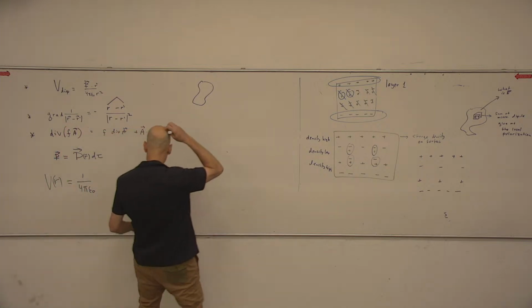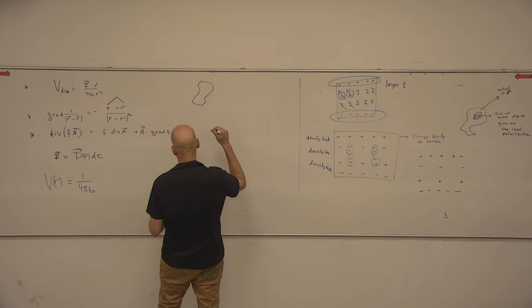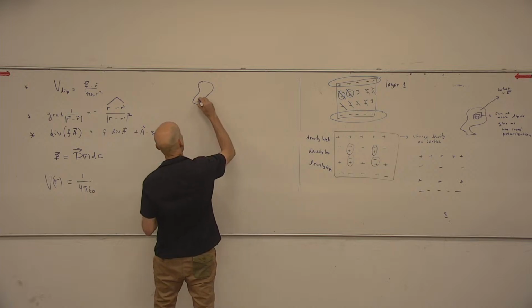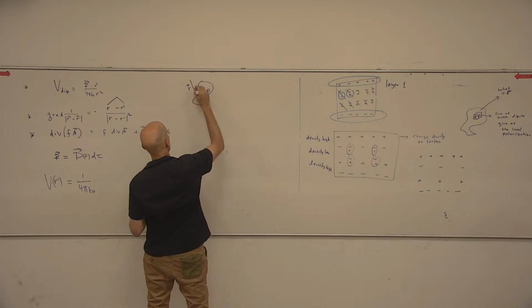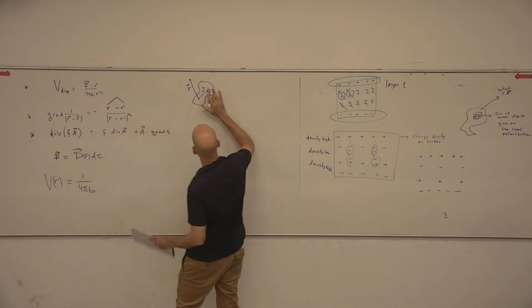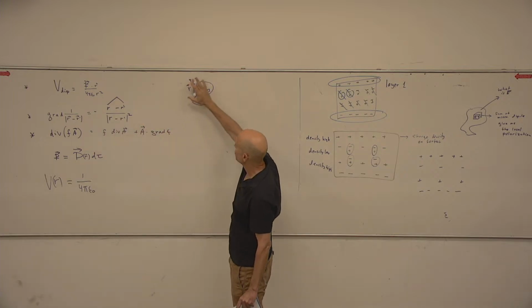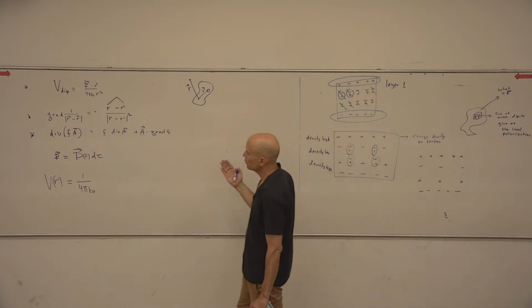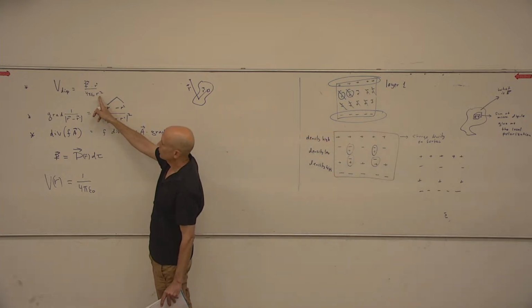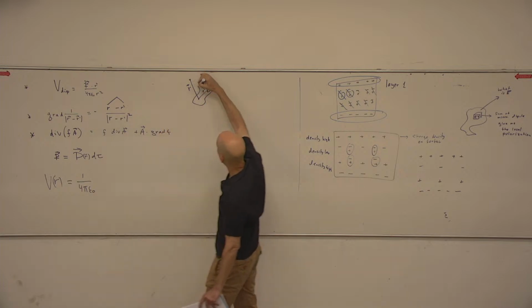Okay, so let us write down the coordinate system. Here I have r prime. This is the dipole, and here is r. This already you had. This is where the observer is. This is where I integrate, and I integrate over the whole volume. This was similar to what we had previously, but what is the new difference? I'm using this one. So what is this distance here?